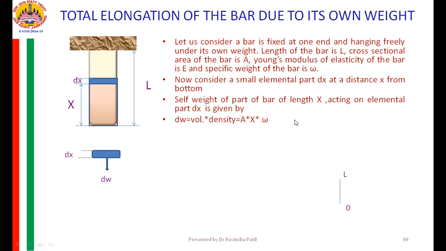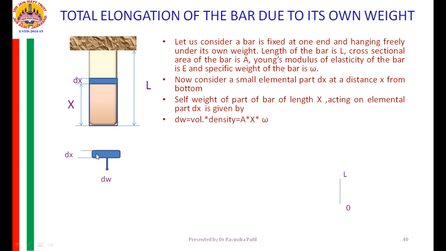Therefore, the weight acting on that particular part is given by volume multiplied by density, A into x into omega.